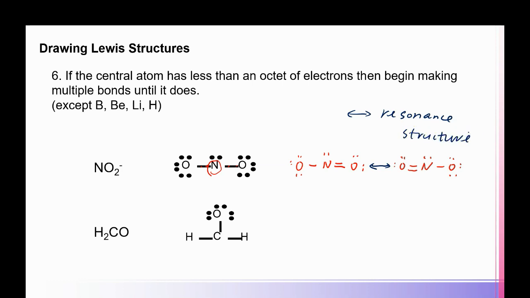Alright, now you see here, everybody is happy. Everybody is surrounded by 8 electrons. So that's our final structure. In fact, these two are equal, right? They are symmetrical. And for the same reason, carbon here is not happy, and a double bond needs to be formed.